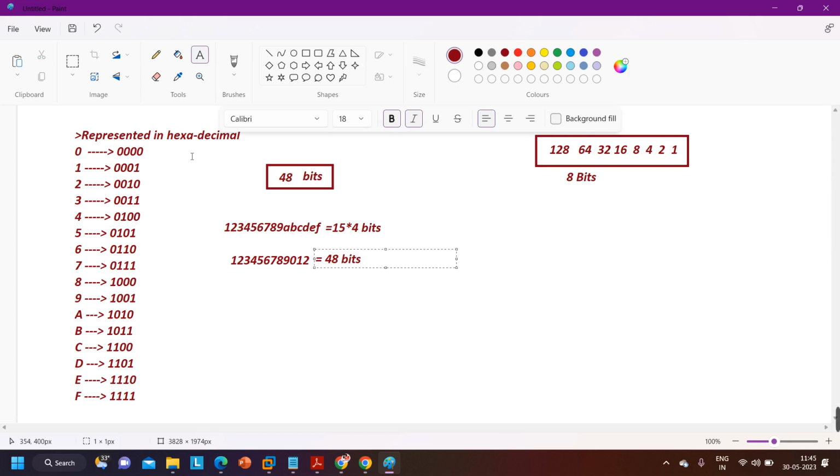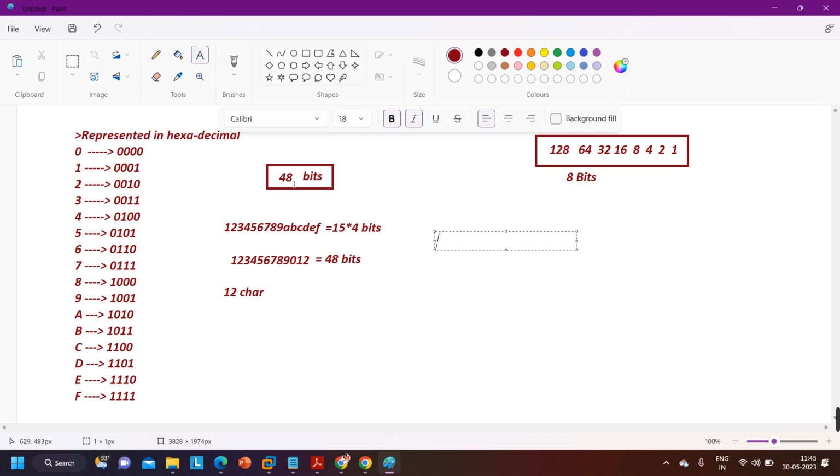So in the MAC address we have a total of 12 characters. Is it clear? We have 12 characters in a MAC address, and the total size is 48 bits.